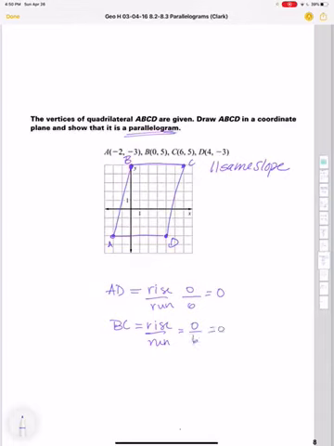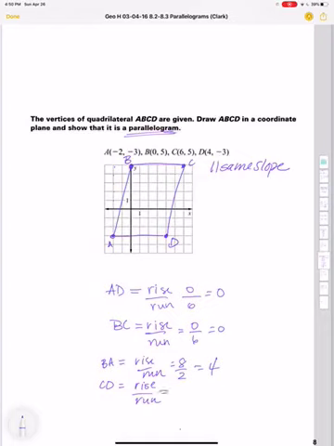And then BA, the rise over the run, and CD, the rise over the run. So how much does BA rise? 1, 2, 3, 4, 5, 6, 7, 8 over 2, so 4.